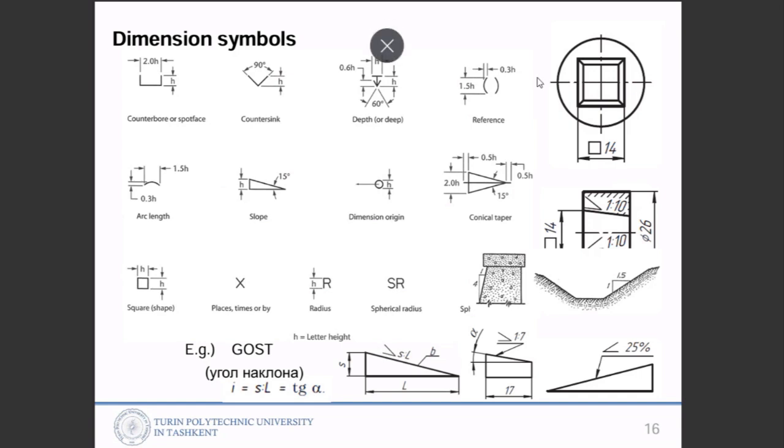Then the fourth one is a reference, so brackets, arc length. Okay, so counterbore and countersink, what's the meaning?